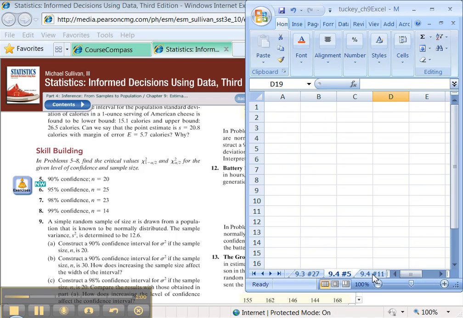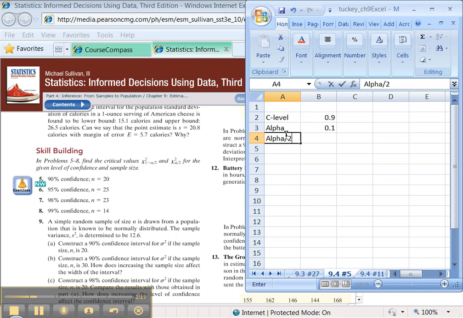And then now 9.4. Okay, so the first thing we're going to have to write down is our confidence level. Our confidence level for this problem is 0.90. That means alpha is the complement of that, so I'm going to take 1 minus that. That's alpha.